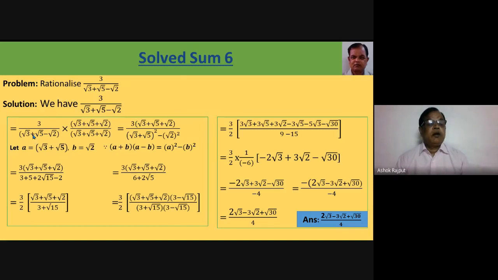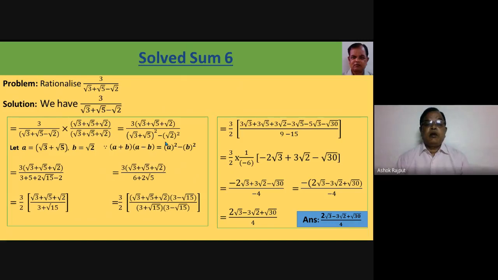So multiply the numerator and denominator both. We have changed the sign of root 2. Here it is negative. So we have multiplied it by positive sign. We are saying here root 3 plus root 5 plus root 2 by root 3 plus root 5 plus root 2. Now it is in the form of a minus b and a plus b.